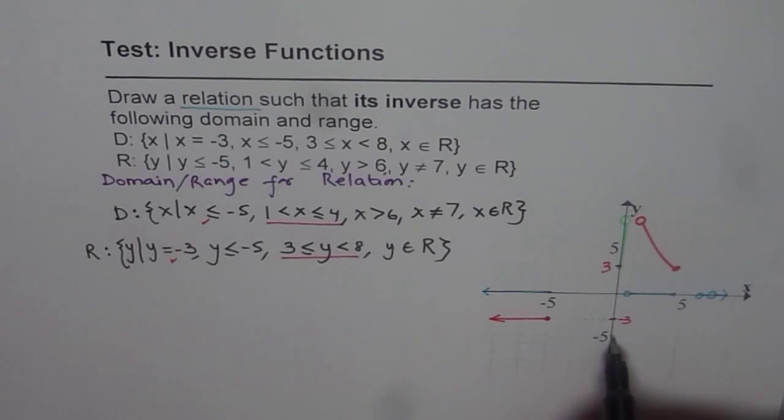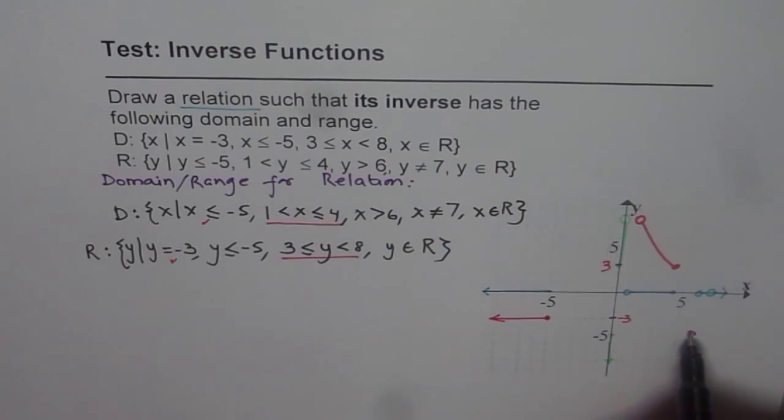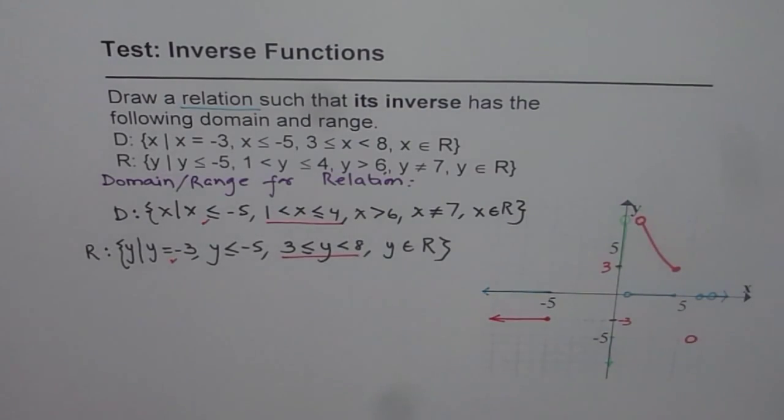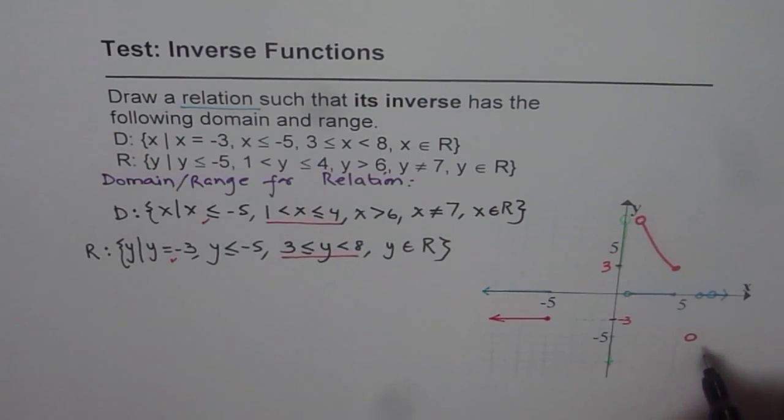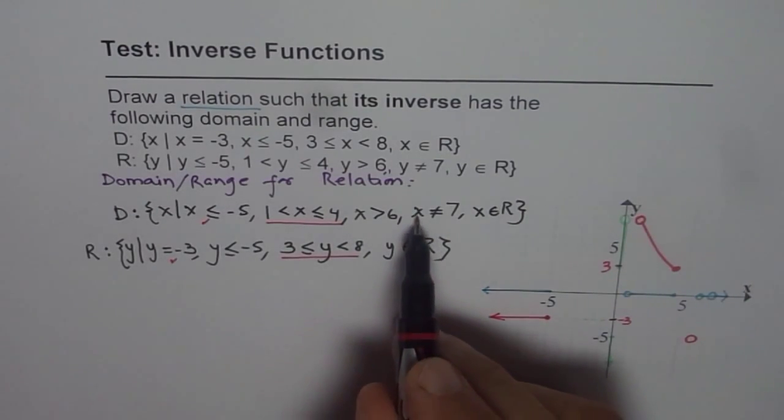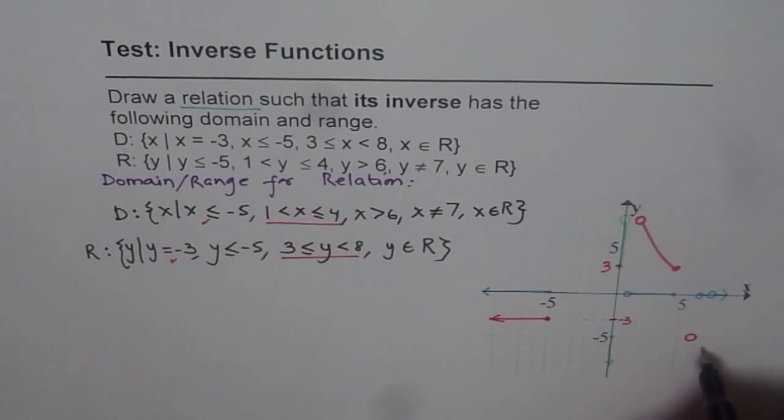Let's go to minus 5 and we'll start at 6, but we'll not include it for the time being, right? Since 6 is not included, x is greater than 6. And 7 is also not included, since x is not equal to 7. Let me just draw 7 here and let me just draw a line here. So that line indicates that the range of less than 5 is included. Do you see that?